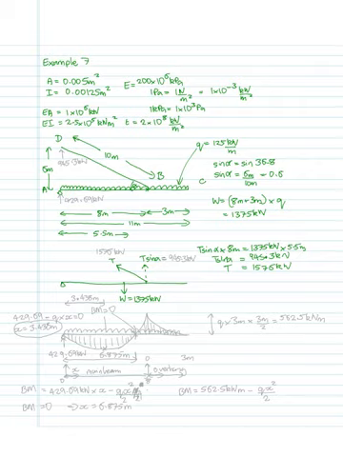So we've got T sine alpha, which is the vertical component, 945.3 kilonewtons, and T is going to be 1576 kilonewtons. So we've almost got everything that we need.